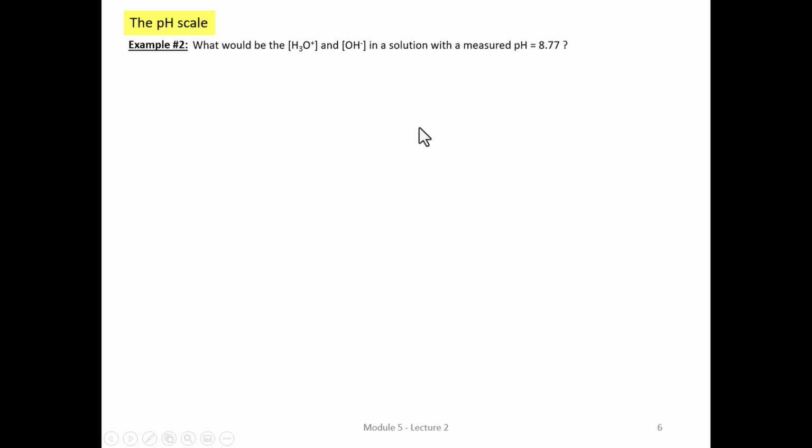So one way to approach this is to write our definition of pH, and then we'll put our known pH in, 8.77, which is equal to minus the log of the hydronium ion concentration.